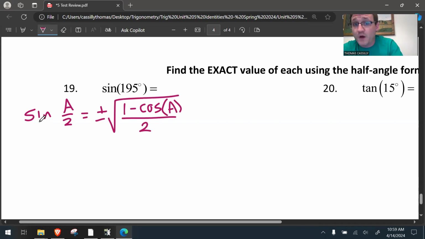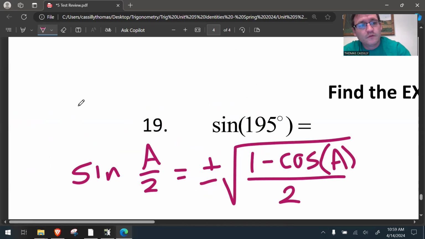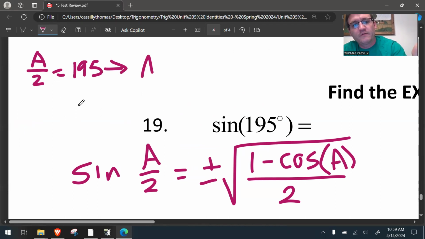All right, so keep in mind on a problem like this, that 195, that is your a/2. So a/2 equals 195. That tells us a is just twice that value. 195 times 2 is 390.